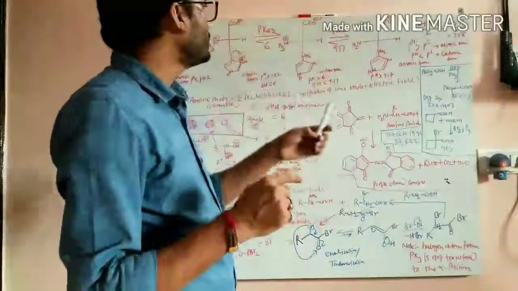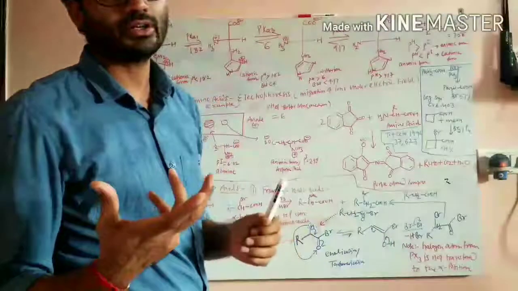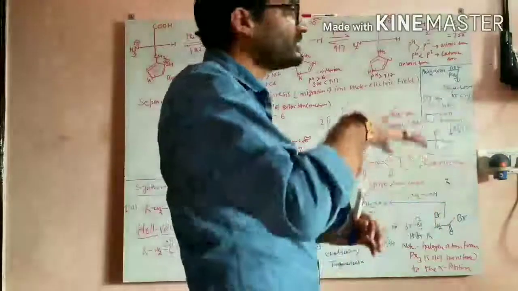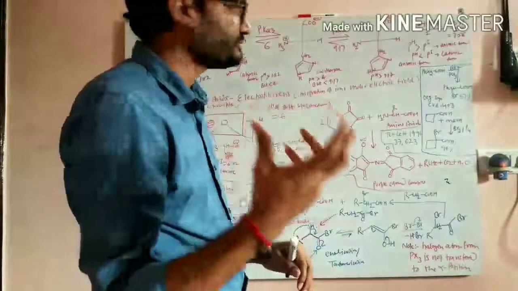Total electrical neutrality is there, so the molecule as a whole is electrically neutral. Such a form is called the zwitterionic form, and the pH where it exists is known as the isoelectric point.